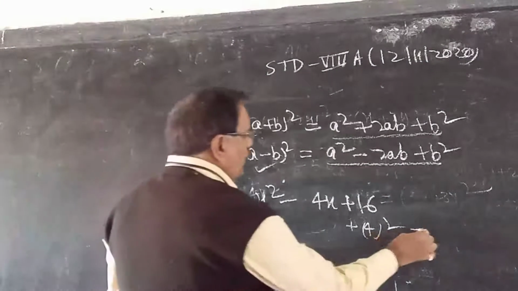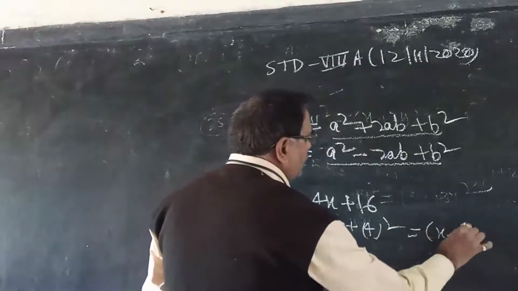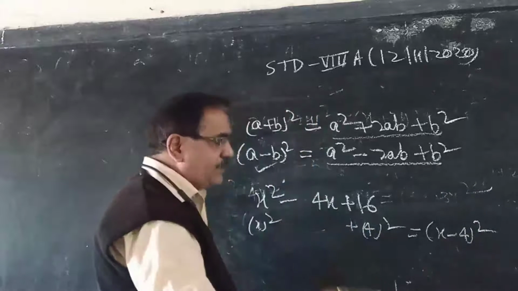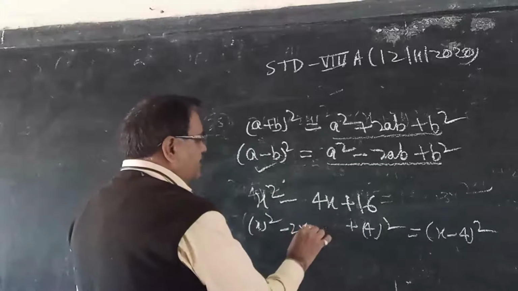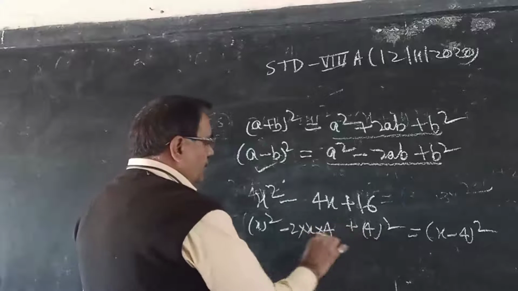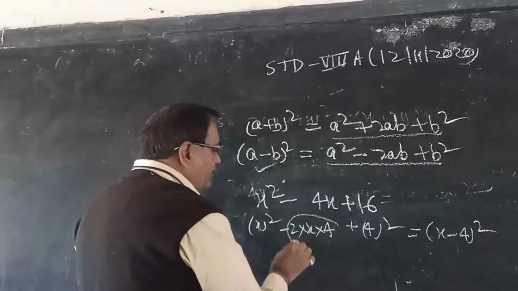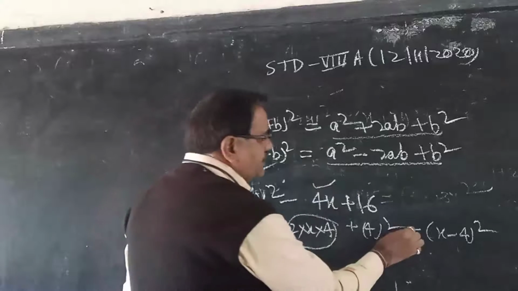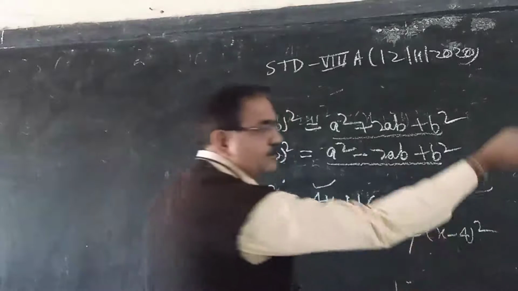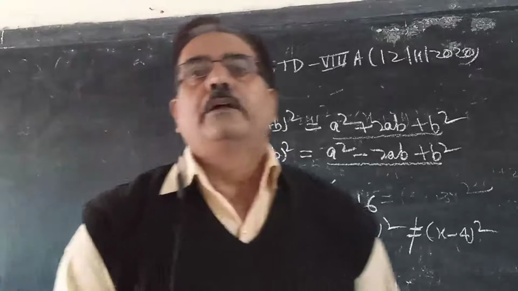Is it equal to (x minus 4) whole square? We have to check. How do we check? Formula is minus 2ab, a is x, b is 4. So 2 times 4 is 8, it is coming 8x. But in the question it is given 4x. So this is not equal to (x minus 4) square. Right?